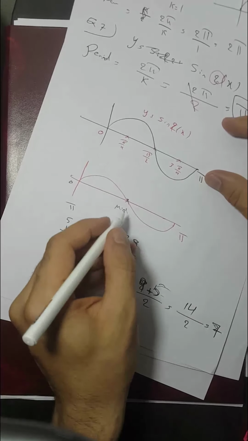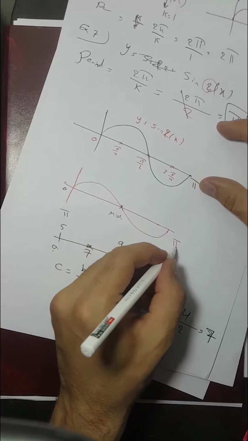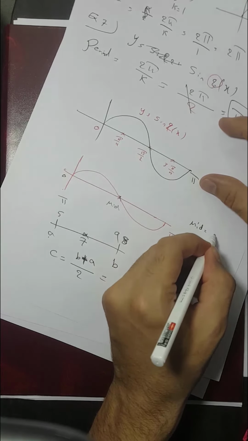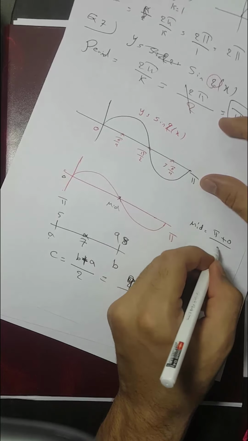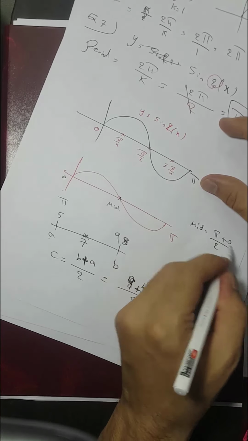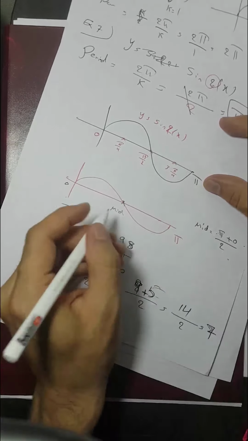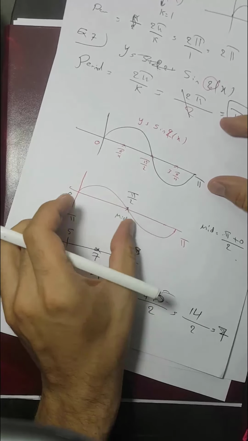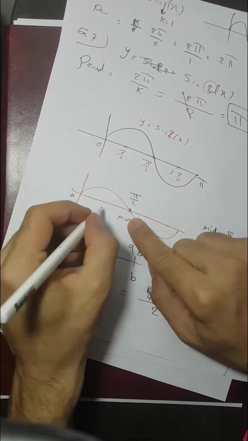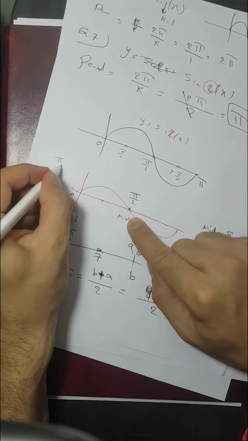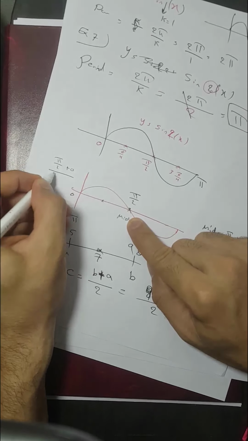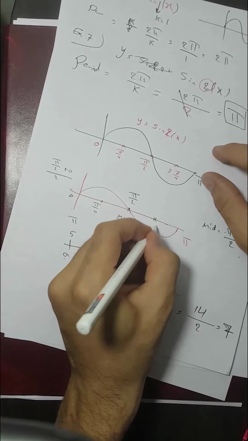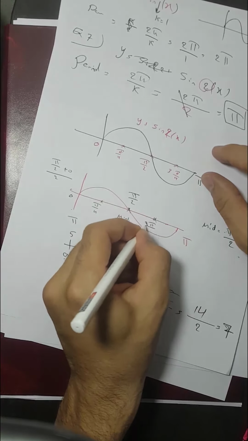So if I want to find the midpoint between pi and 0, I will add them and divide them. So I got pi over 2. How about this one? Between pi over 2 and 0, I say plus 0 over 2. So it means pi over 4, the same thing, and then 3 pi over 4.